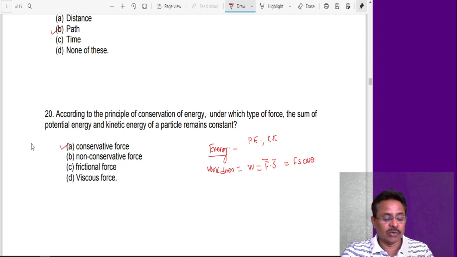Third, the units of work would be equivalent to newtons times a meter. So that is what we have to calculate, again using F into S, F dot S. Use that particular expression to find out the units of work, and newtons times per meter, whether it is correct or false. That also can be seen here. So this third statement is actually a false statement.